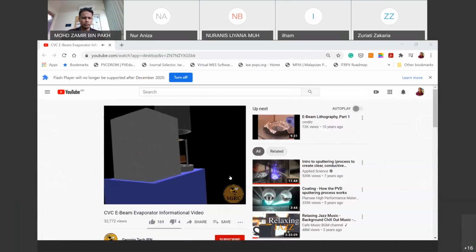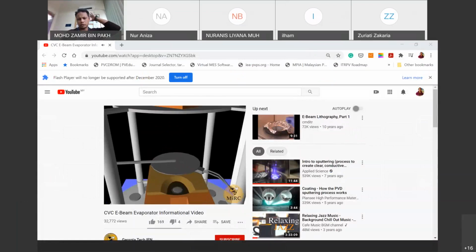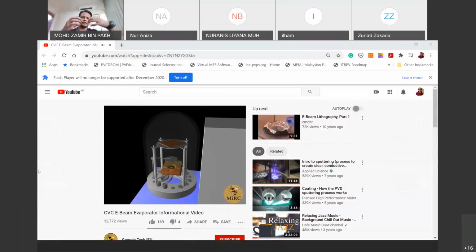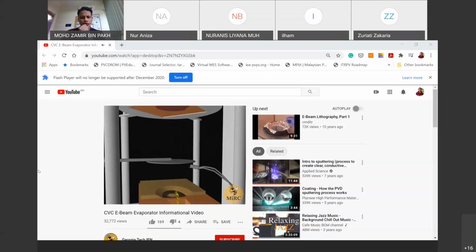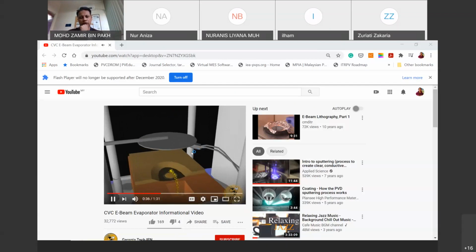Okay, so this is an illustration of the system, so that you can see the shutter as well. That could be different pockets. This one is only a single pocket, but you can assign different pockets for different materials. Then you can just swap during the operation. On the side here is the crystal monitor to monitor the deposition rate and the thickness.